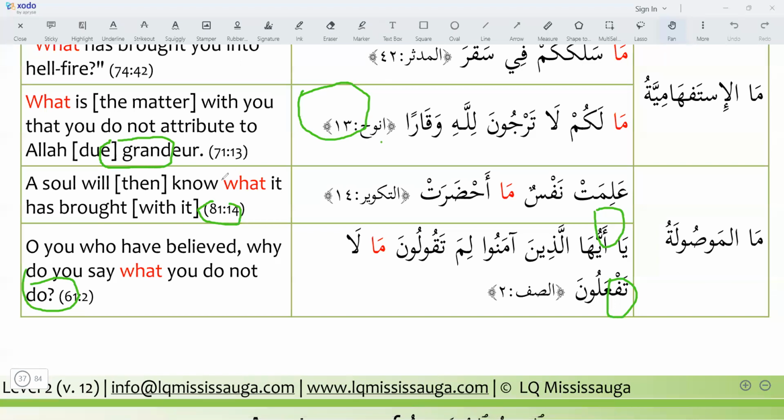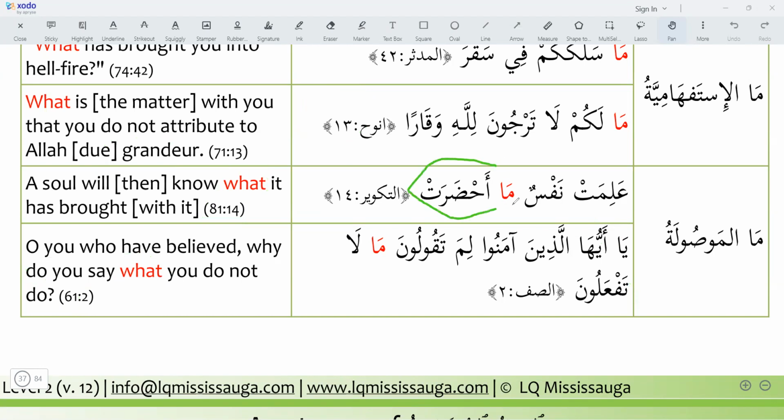So this one: O you who have believed, why don't you say what you do? These both are ma al-masula.